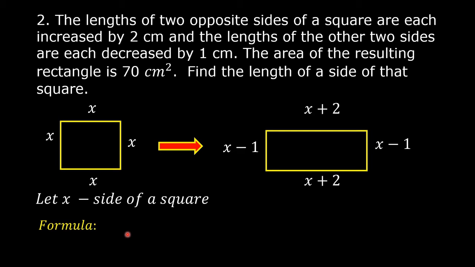The formula for finding the area of a rectangle is A is equal to length times width. A means area, L means length, and W means width. The area of this rectangle is, according to the problem, 70 square centimeters.